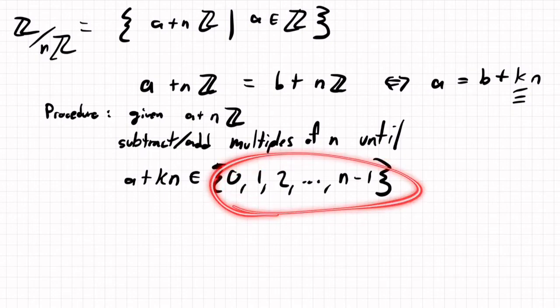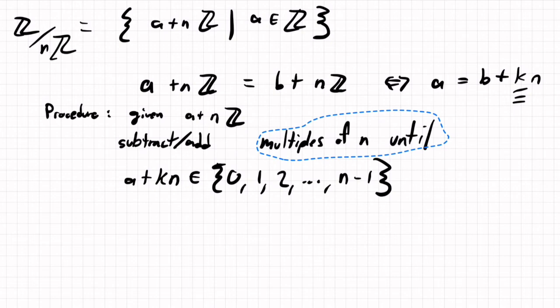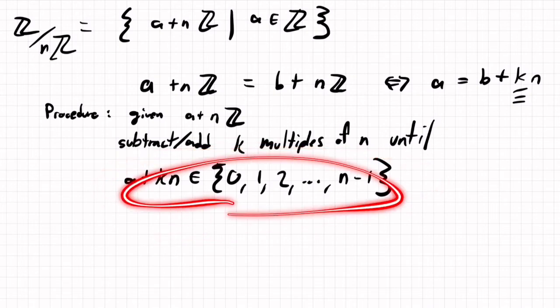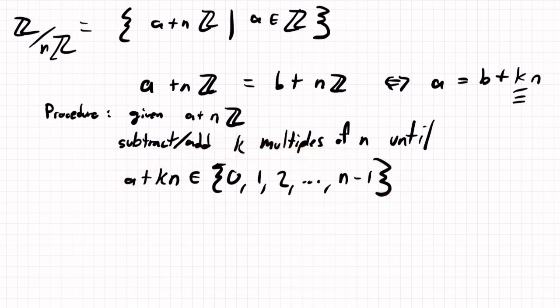Whatever we have, we can write it as k multiples of n plus an element of this set. So this coset is going to be one of the following: 0 plus nZ, 1 plus nZ, 2 plus nZ, all the way up to n minus 1 plus nZ.